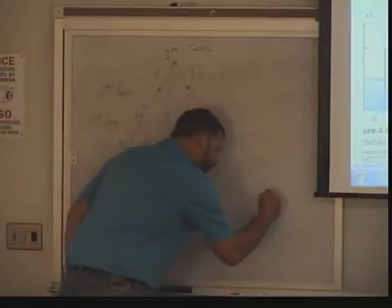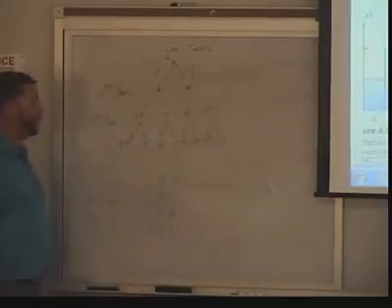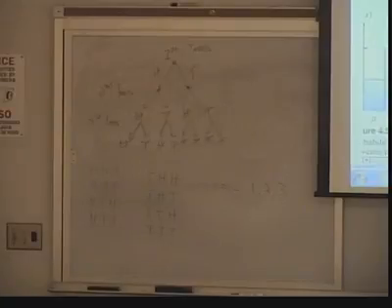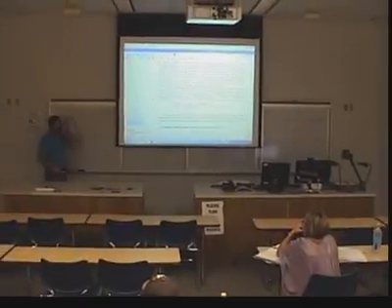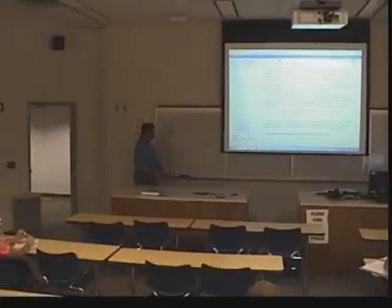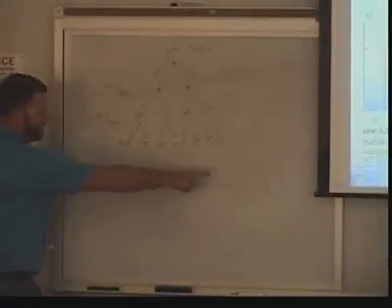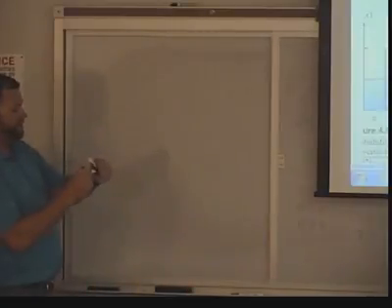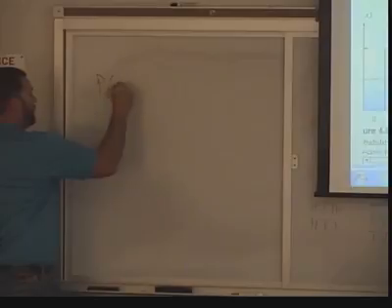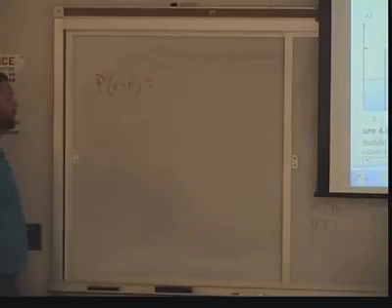We can have no heads, 1 head, 2 heads, or all 3 heads. Everybody following along with what I'm doing? This is kind of stepping back from the homework assignment that we went over at the beginning of class. So what's the probability of each of these events? How many times does no head show up out of 8? So what's the probability that x equals 0? 1/8.